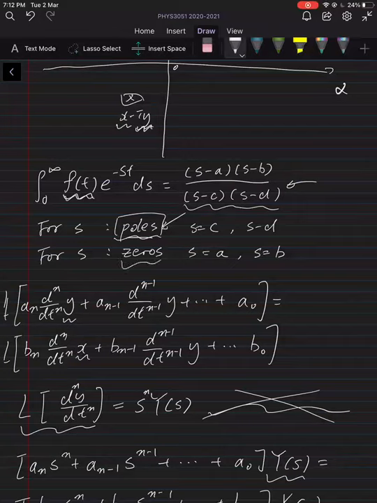The zeros are less important, and they determine how your oscillation component and decaying component mix together. So if we just want to know the property of a system, then we should look at the poles here.